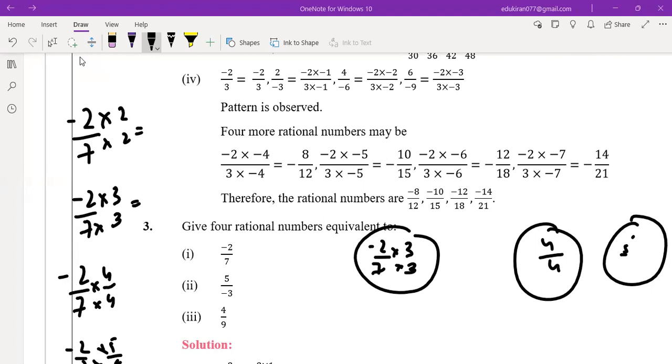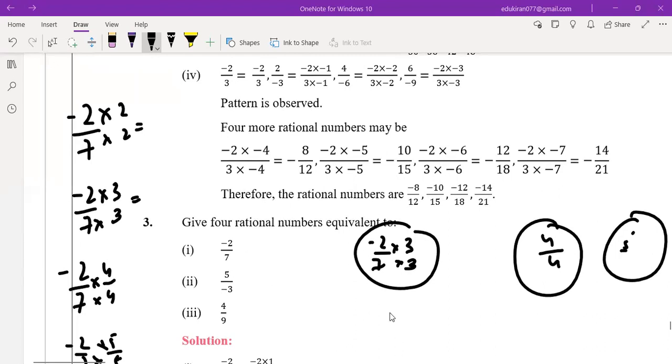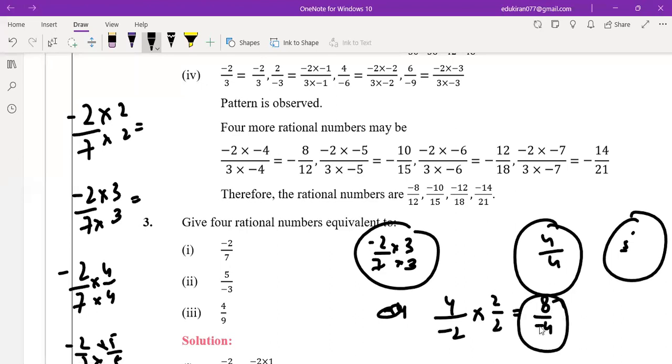And should I write the minus sign in the upper part, -8 by 4, or should it be 8 divided by -4? Ma'am, suppose the question is 4 divided by -2, and then we multiply by 2, then we get 8 by 4. The sign should be in your answer, right? Yes. Ma'am, I'm done.